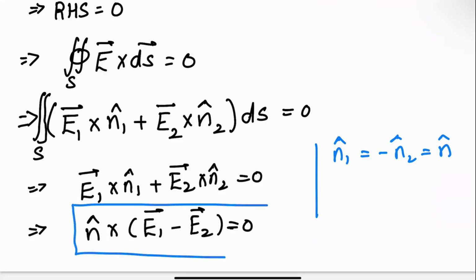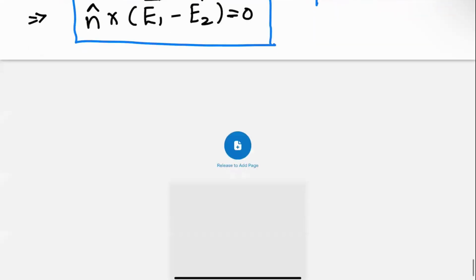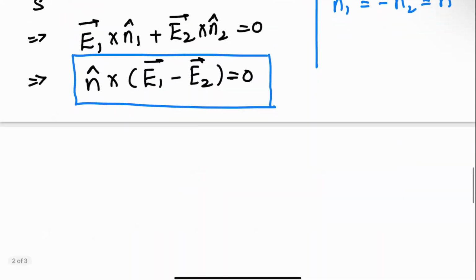So what does this boundary condition really mean? Let's do that. If I have some surface like that, at every point there is a normal component going that way, n hat. And if there's some electric field, let's say on this side of the surface there's an electric field like that, which is E1.